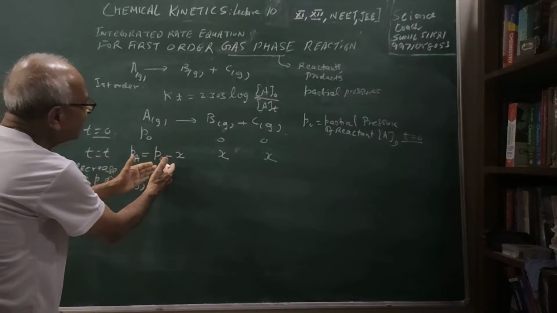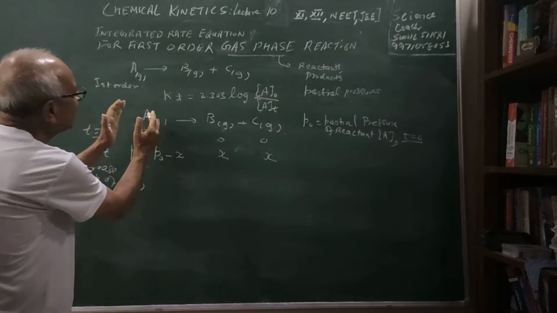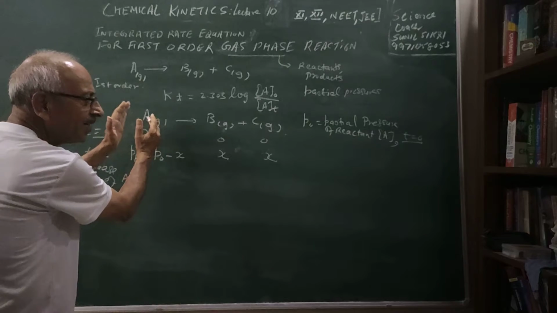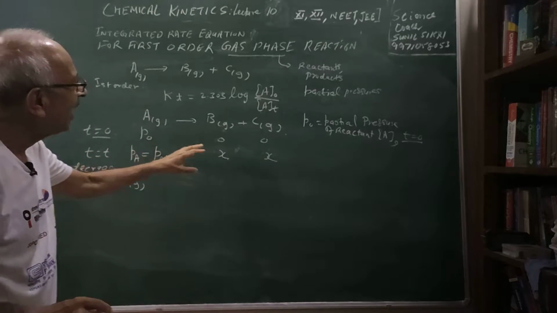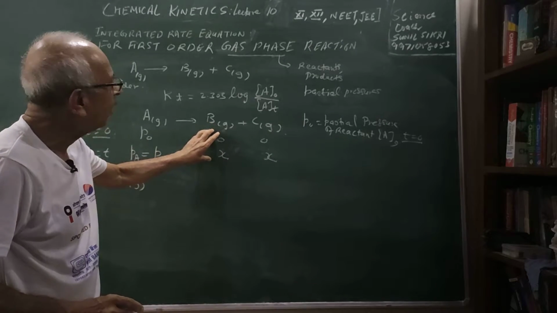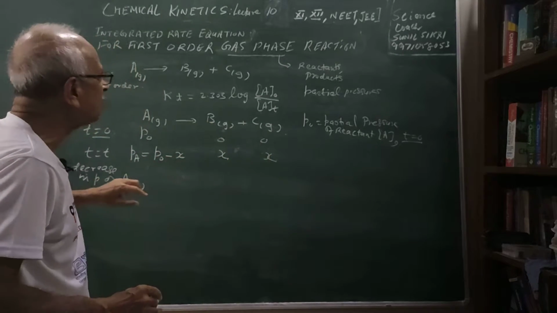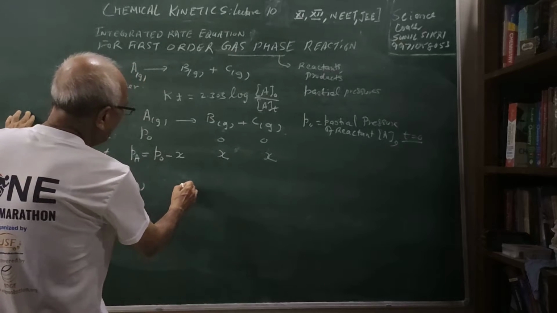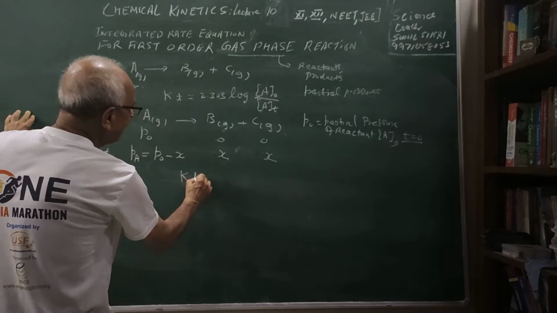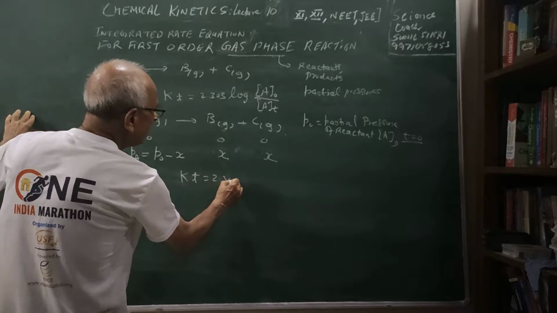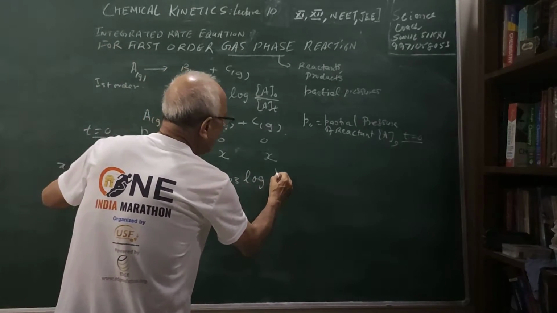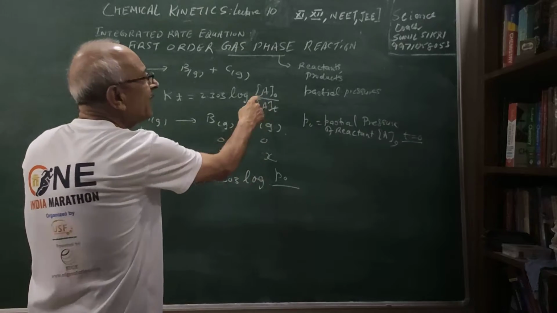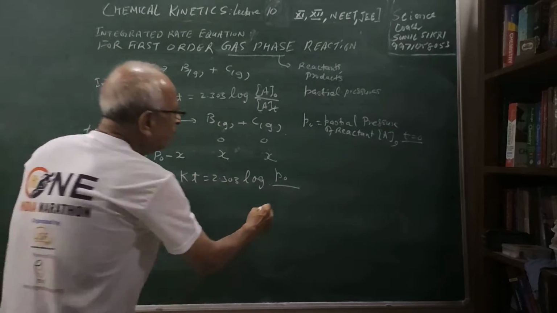So P0 minus X is the pressure of A after time t, I am saying Pa, and X is the pressure of B and X is also the pressure of C. So the equation will look like Kt equal to 2.303 log of P0 by Pa.